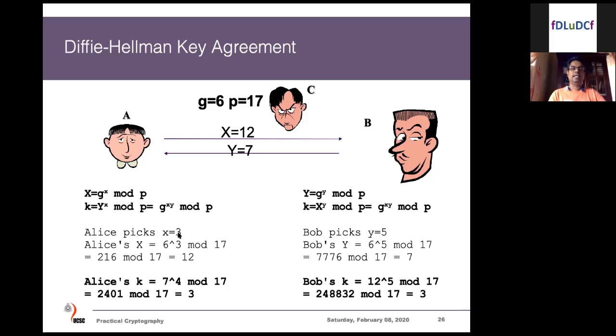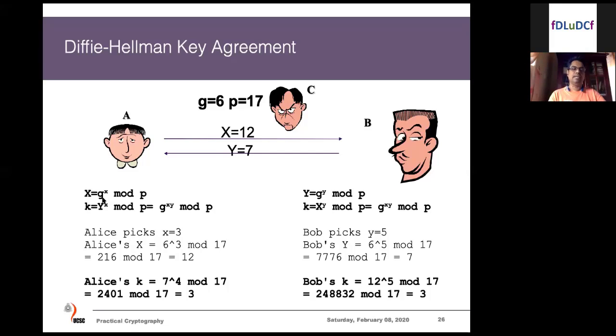After that, Alice has to calculate the public key. This is the equation: generator to the power of private key modulo P. Our generator is 6, and our private key X is 3.